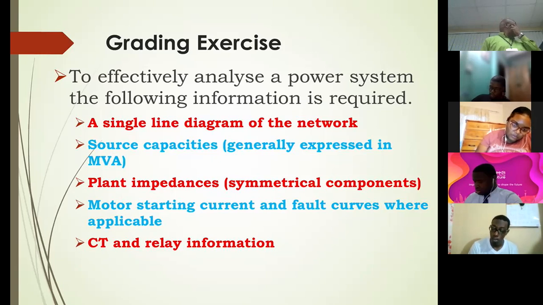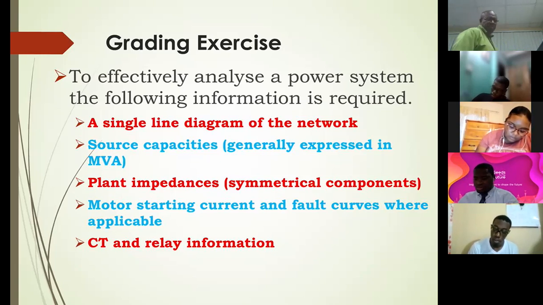Now, I'll tell you up front, you may not necessarily need to calculate anything else because you would also have the modular system. Or even if you don't have the modular system, once you can sketch this and create your single line diagram, you throw it into a program and you do your fault analysis, because you have been exposed to carrying out fault analysis on the network.